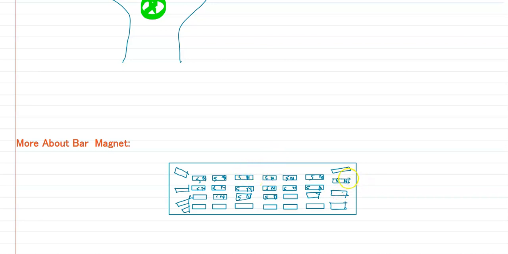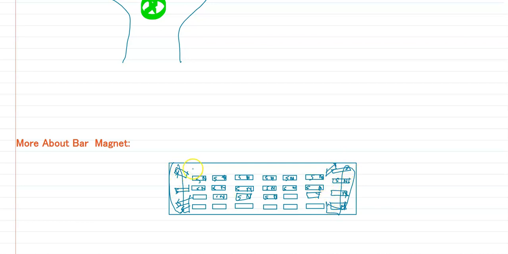But in the side regions you can see the uncancelled north pole here, and on the left side you can see the uncancelled south pole here, and these like poles repel each other, that's why they move away from each other.